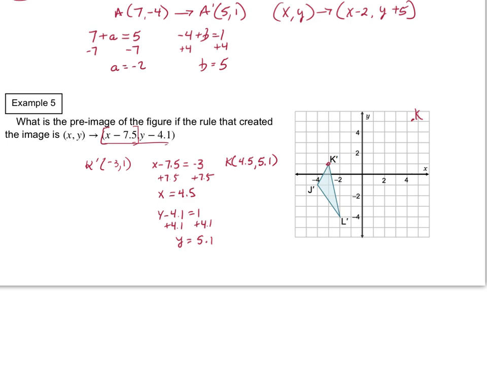So let's think about it. Does it make sense? If I started here, my x values would be subtracting, my y values would have been subtracting, so that makes sense. It's logical. So that's about where I would be. And I estimated, because it's 0.1, I'm slightly above the line. So that would be it. And of course, I could do that with all of my points.